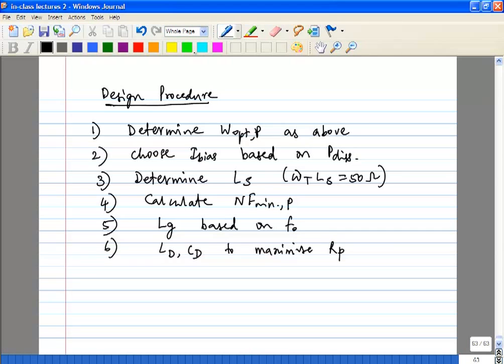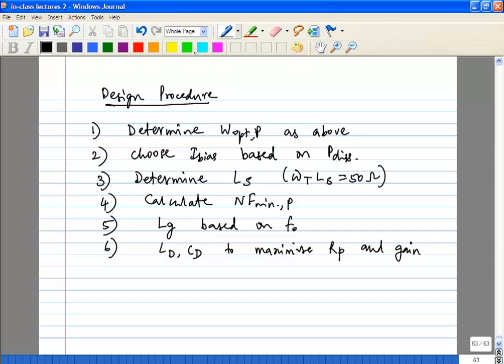If you maximize RP, you can actually cut current and achieve the same gain at a lower current. That's all. And probably you'll need to iterate, definitely between steps, and probably overall, but that's okay. That's part of the normal design procedure. And that's it, you're actually done.